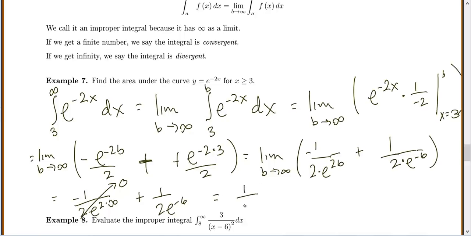So we're just left with 1 over 2e to the 6. And that would be the area under the curve for x greater than or equal to 3. Notice this is an actual number, so we would say that the integral is convergent. Sorry, the only thing I did is I moved that negative exponent down to the bottom and then I kept it negative. That should be a positive, e to the positive 6.